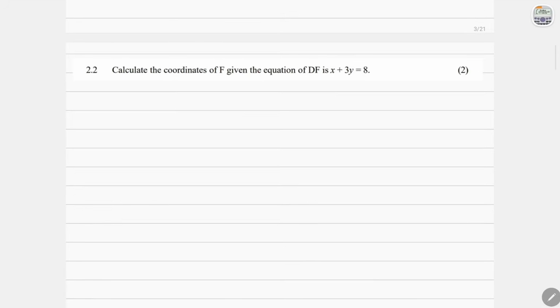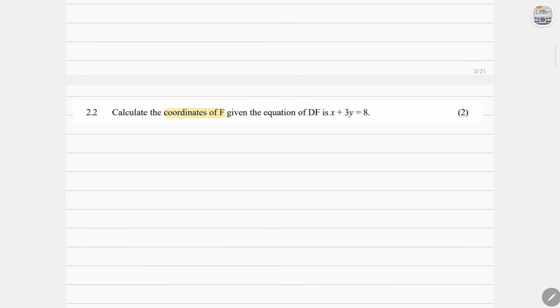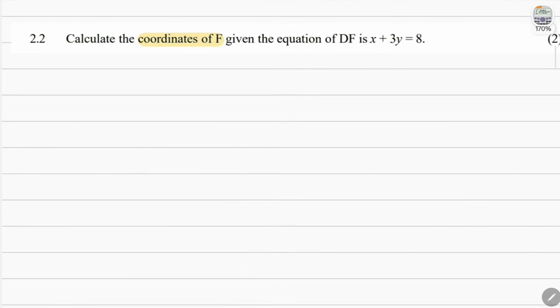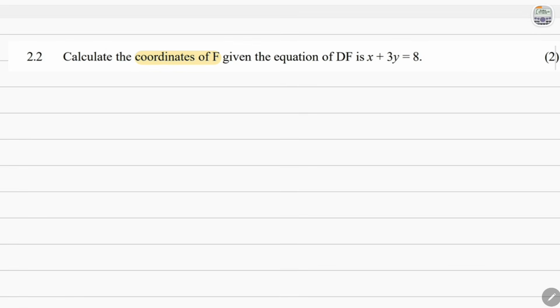Question 2.2 says, calculate the coordinates of F given the equation of DF. F is on the x-axis, meaning this is an x-intercept. To find an x-intercept, you simply make y equal to 0, because on that coordinate the y value is 0.